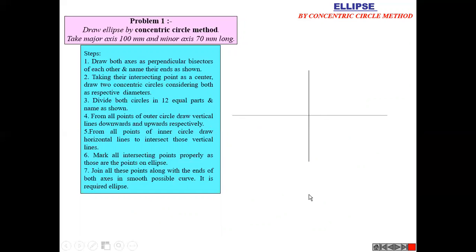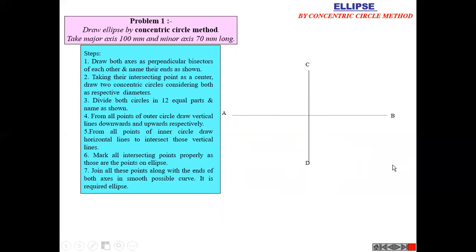Then next, take the intersection point as a center and draw two concentric circles, considering both as respective diameters. So definitely these are diameters. That is, this is 35 mm above the intersection point and 35 mm below the intersection point.